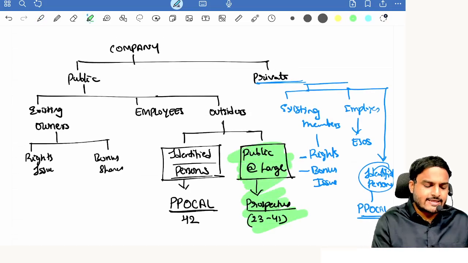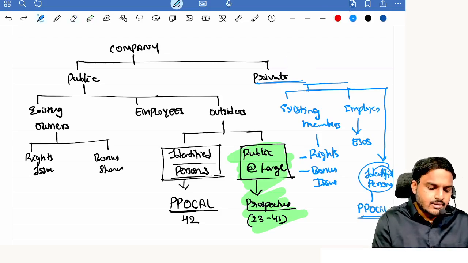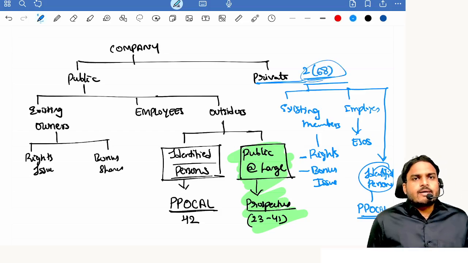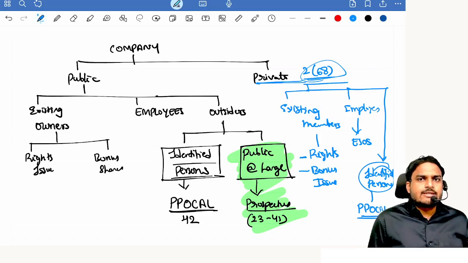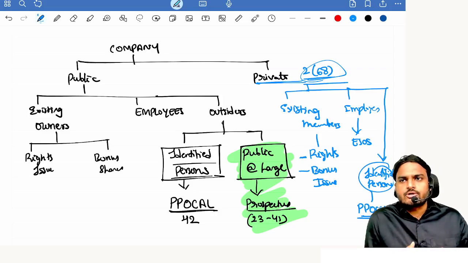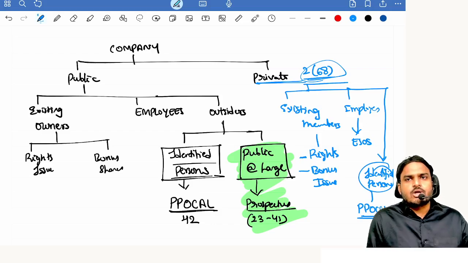Section 2 clause 68, the definition of private company: a private company is prohibited from inviting the public to subscribe to its securities. So the same options are available to a private company as to a public company, except a public offer.